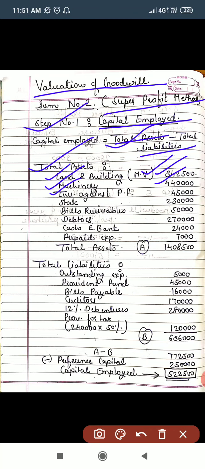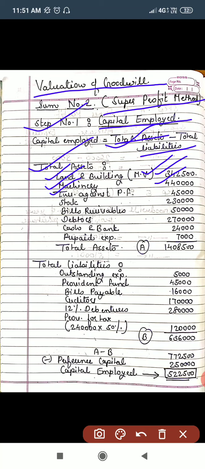Investments against provident fund. If you look at your balance sheet, you have two investments specified over there. One is into the provident fund, and the other is for the 12% debentures.